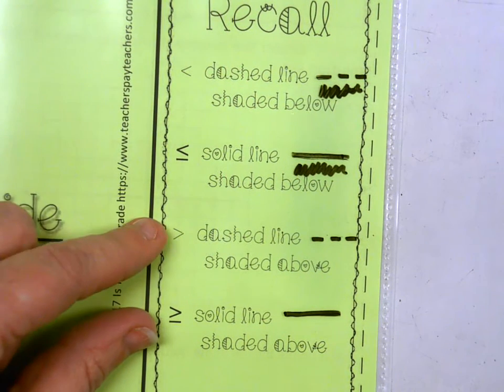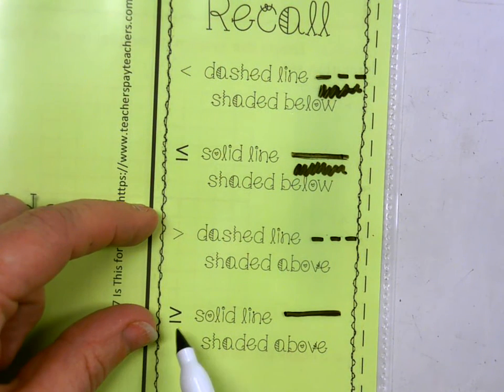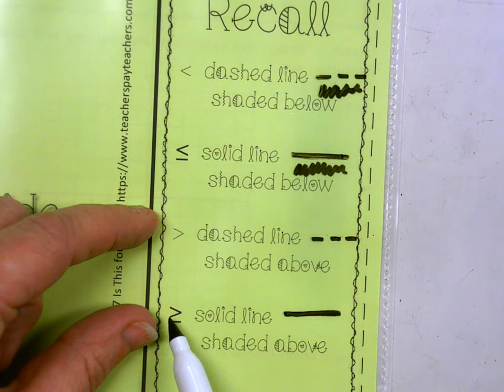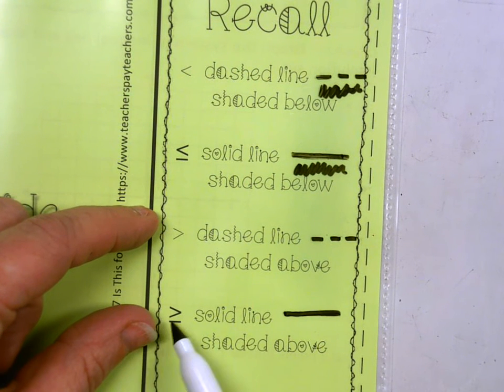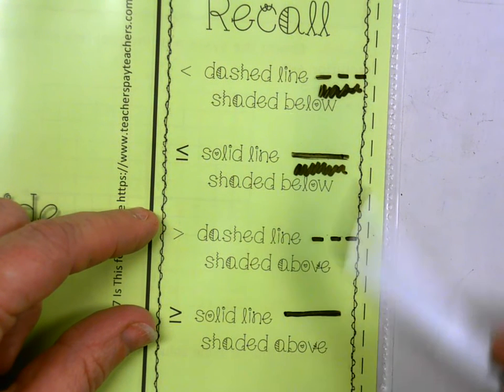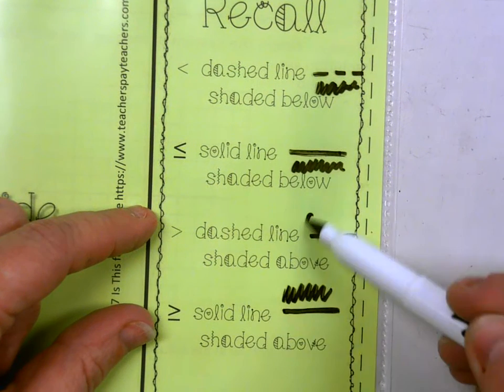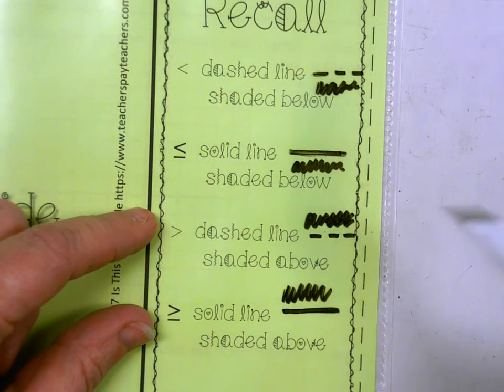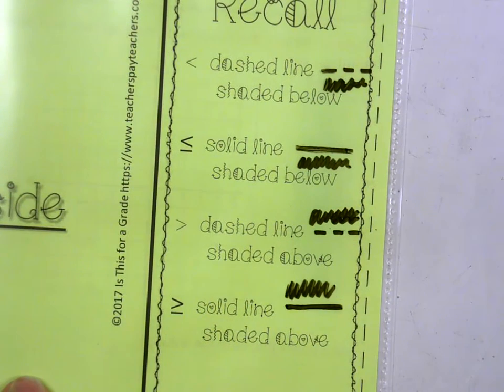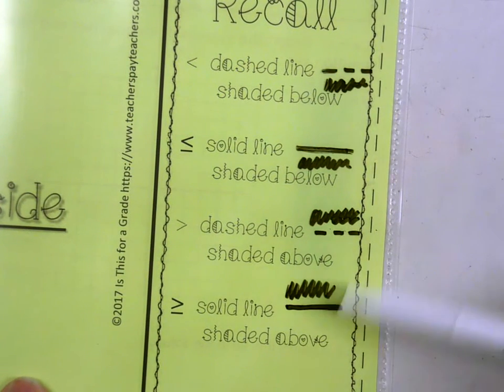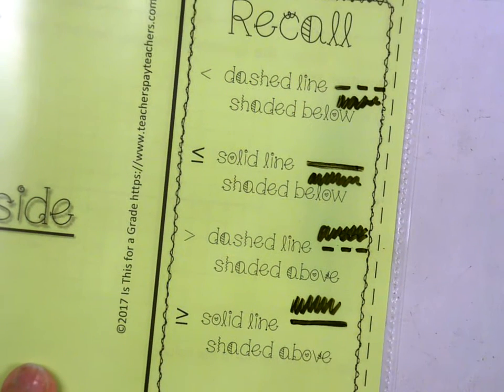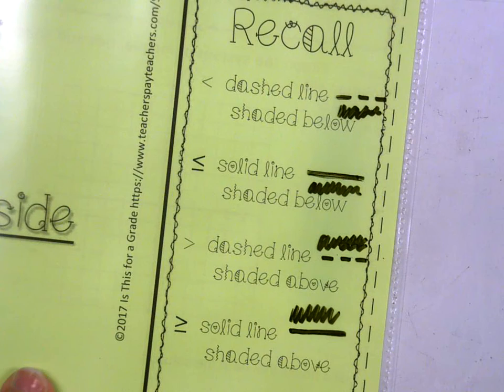The ones that are greater than have the big end first as you're reading the equation. The big side first is greater than, and you're going to shade above those. Okay? So this is just a refresher.